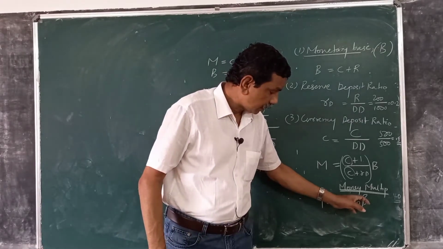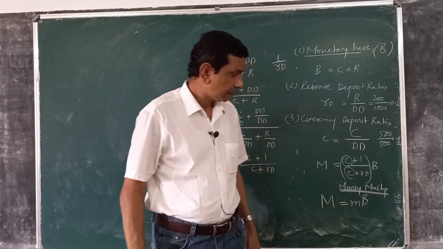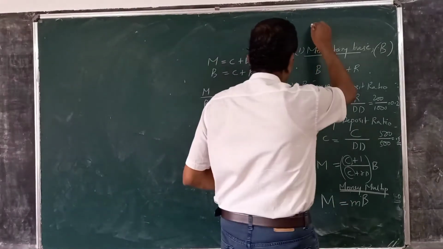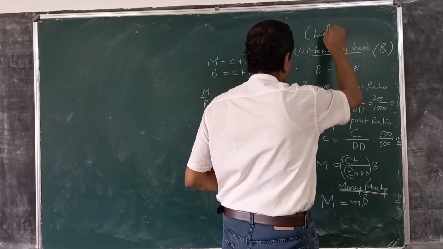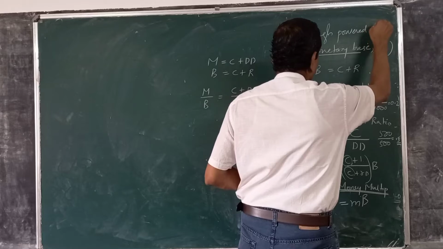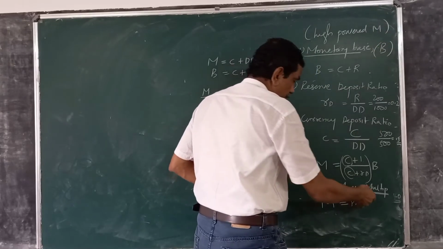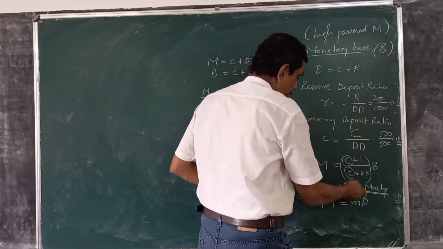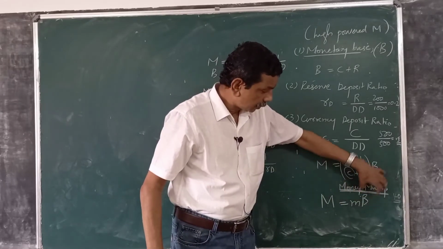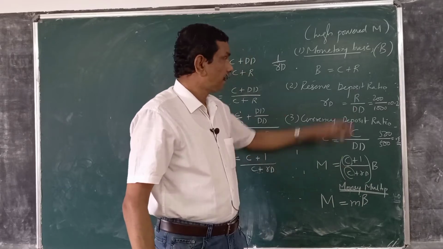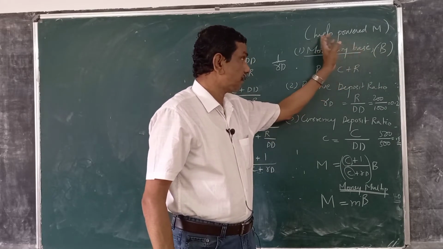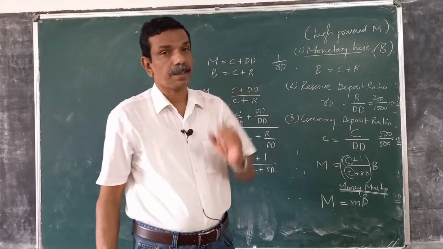This monetary base is also known as high-powered money, because it has a multiple effect on money supply, and the multiple is nothing but the money multiplier.